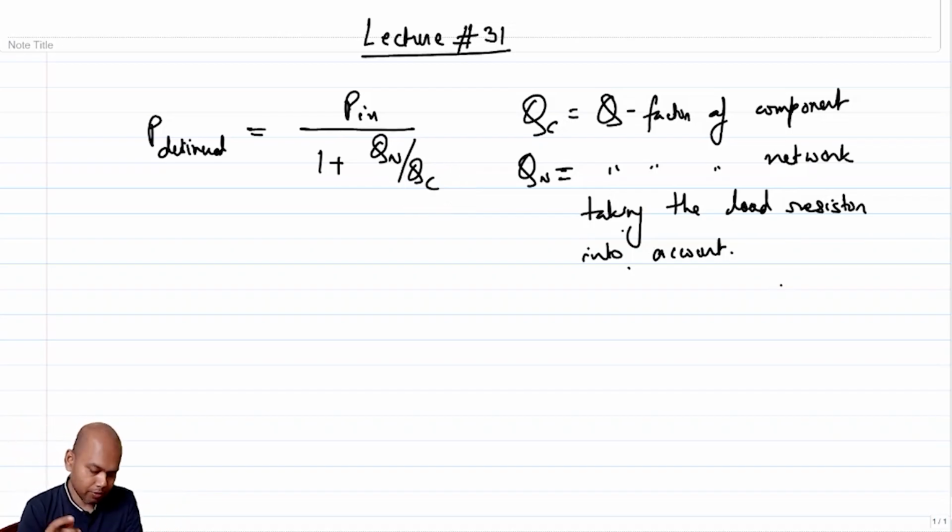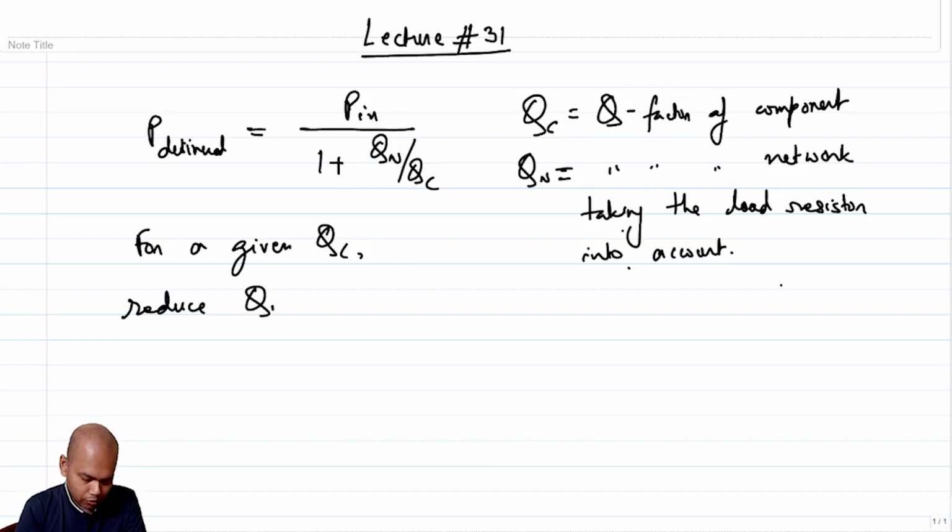So the takeaway from the previous discussion was, for a given Qc, reduce Qn to increase efficiency, right?